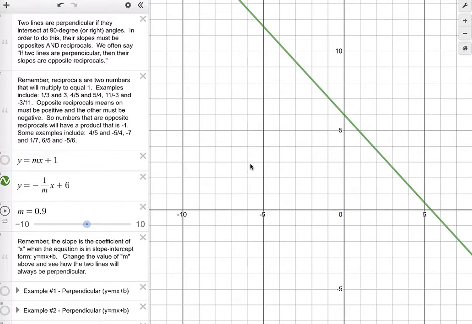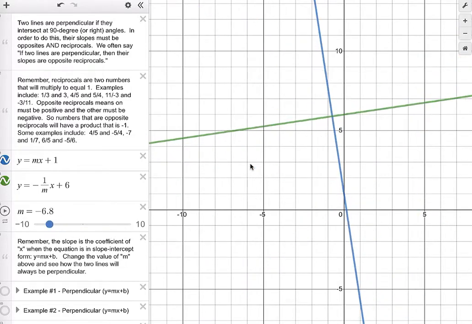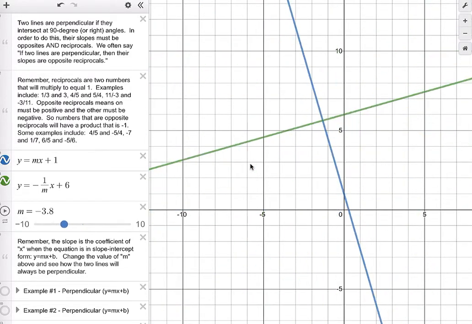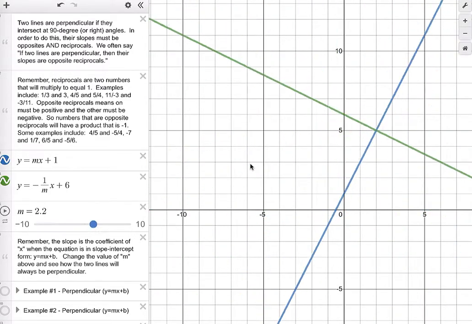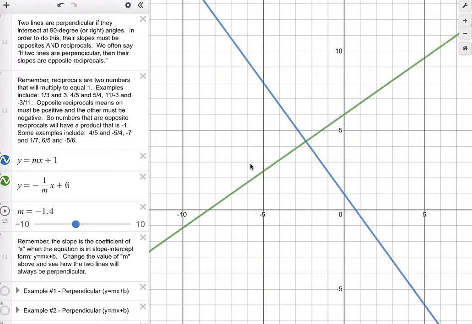What I've done here with my blue and my green is I've set one to have a slope of m and one to have the opposite reciprocal slope, which would be -1/m. That's why no matter what I do to my m, those lines will always be perpendicular, because I've set the slopes to be opposites and reciprocals.